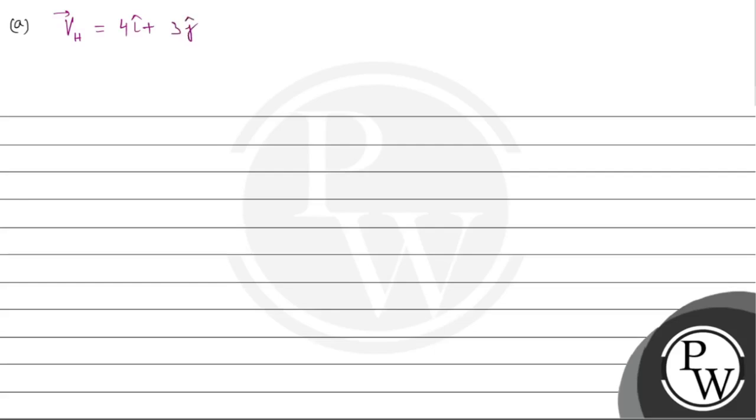Here the velocity along the k component is 0, right? Now we take the absolute value of this vector and we get root under 4 square plus 3 square. That gives us 16 plus 9, that is equals to 25, or 5 meter per second.